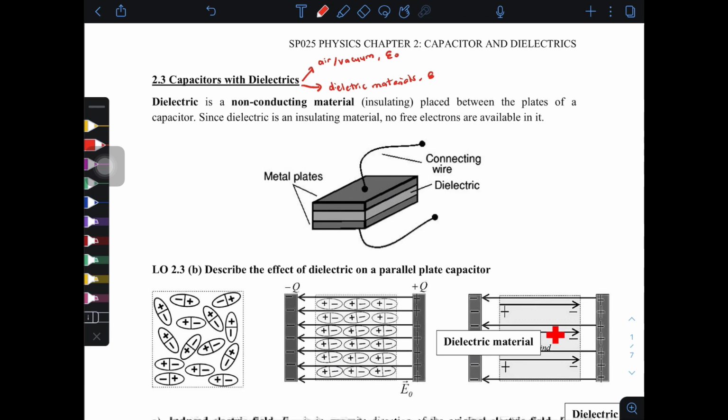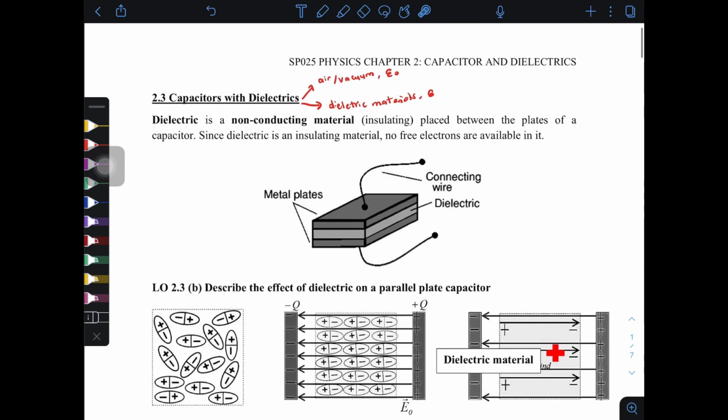Okay, so what is a dielectric? A dielectric is a non-conducting material, or an insulating material, placed between the plates of a capacitor. Since a dielectric is an insulating material, no free electrons are available in it. So kita tahu kalau dia ialah konduktor, konduktor akan ada free moving electron.